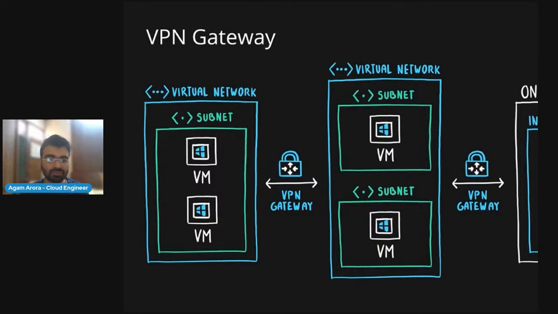This is a very good step in the hybrid scenario, wherein we have two or three applications in the Azure environment, and let's say we have a traditional Windows Active Directory enabled. Both of them are connected to each other with the help of the VPN gateway, such that they are part of the same network.